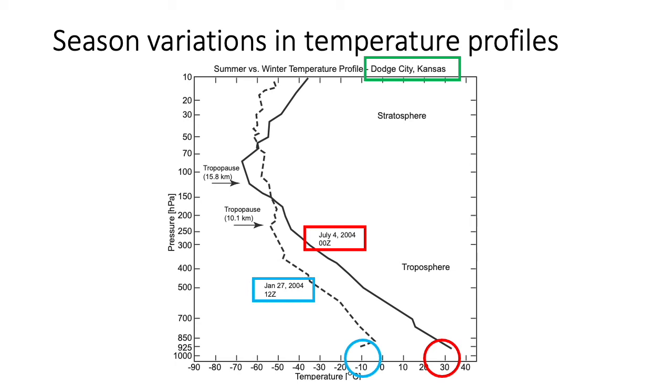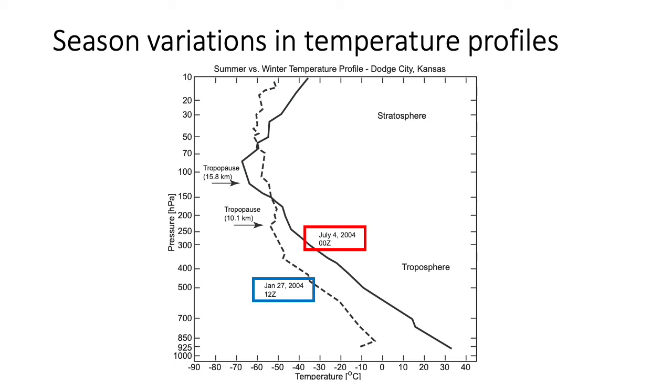So minus 10 Celsius corresponds to 14 degrees Fahrenheit. So this is the expected result. You'd expect to see warm temperatures at the surface in the summertime and significantly colder temperatures during the wintertime, most of the time.